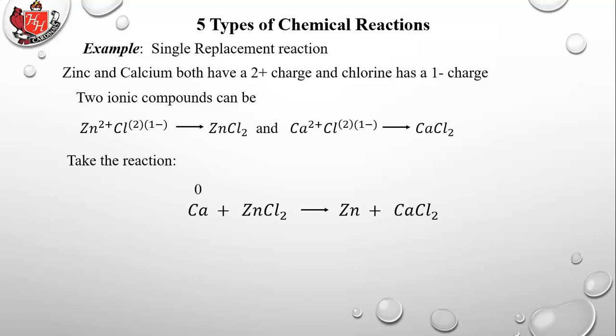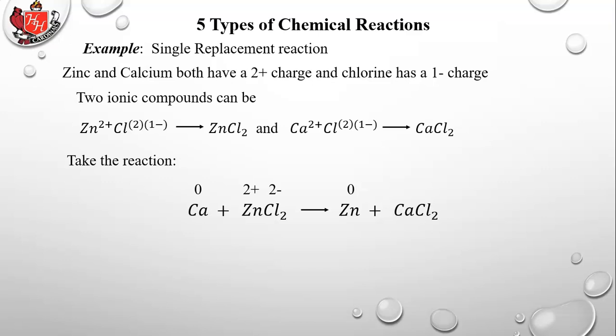Well, calcium started off with a 0 charge, zinc with a 2+ charge, and the two chlorides together have a 2- charge, so 2+ and 2- balance, and they attract each other. Then the zinc suddenly has a 0 charge. Now how did that happen? Well, zinc had a 2+ charge because it had lost 2 electrons to chloride.